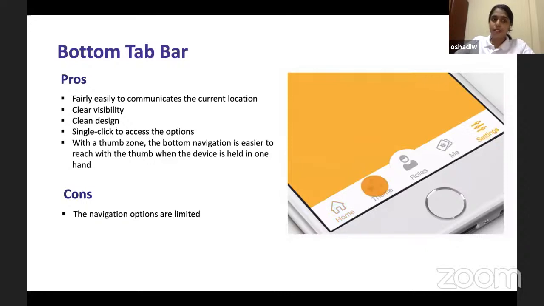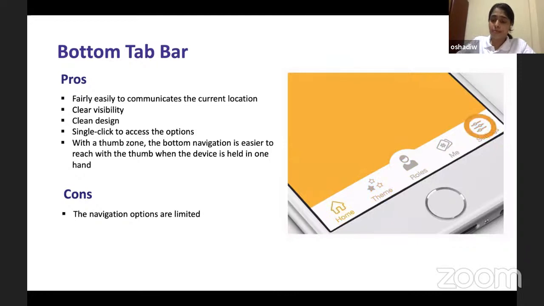Okay, so this is one of the main navigation components we mostly use, because when it comes to thumb zone, this is the highly accessible point on the screen. As you can see, it's easy to communicate, because it clearly shows where we are and what our current location is. It's a clean design, and it's a single click, so you can access it using a single click.